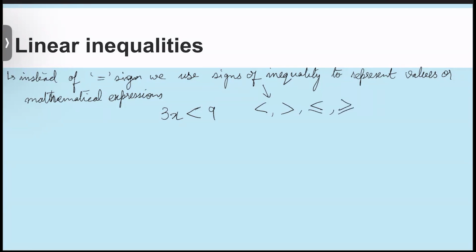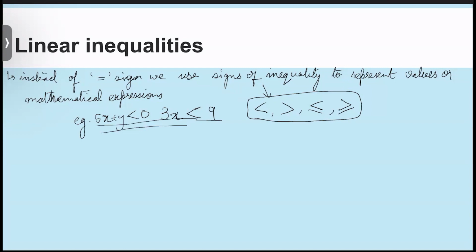Okay, so these are the signs that we use when we are trying to represent some statements in the form of linear inequalities. Okay, so it can be 5x plus y is less than 0. In any of these forms, whatever you can express, these are called linear inequalities.